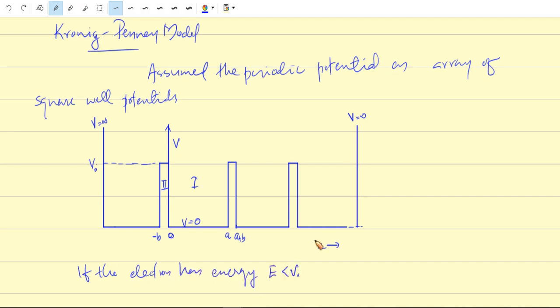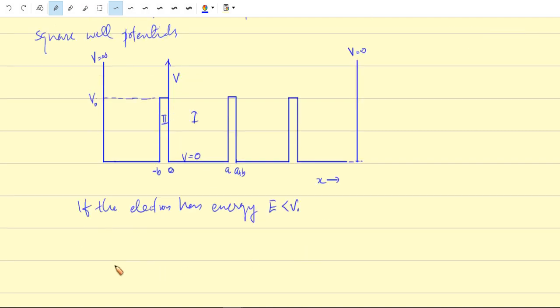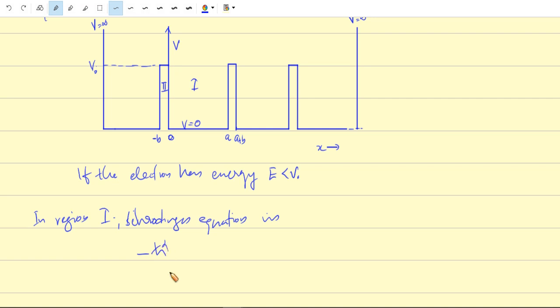Therefore we can write the Schrodinger equation of the electron in this periodic potential. If m is the mass of the electron, then in region 1 the Schrodinger equation is given by minus h cross square by 2m d square psi by dx square is equal to E psi.